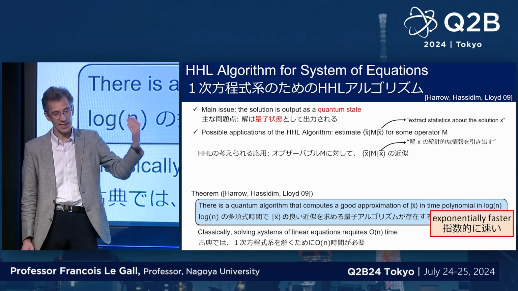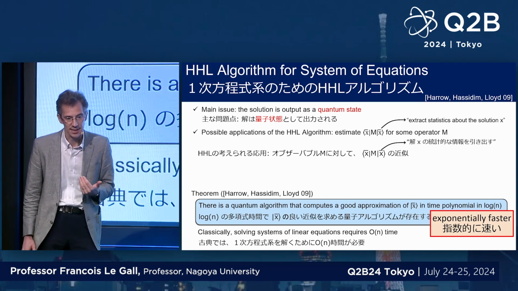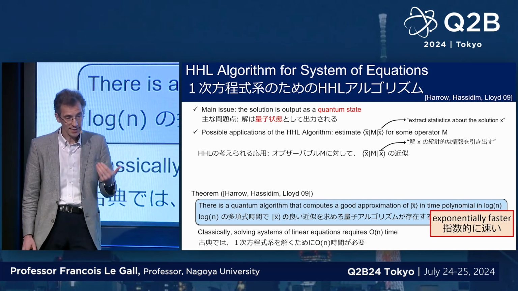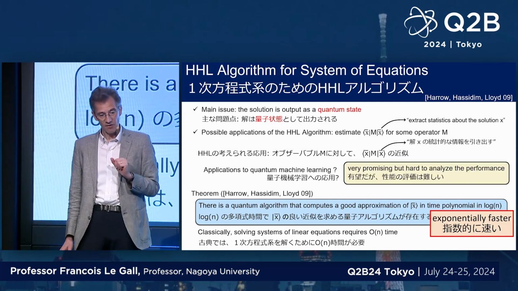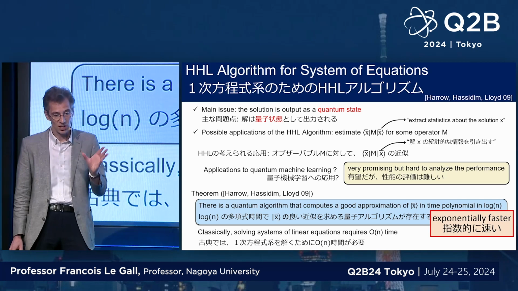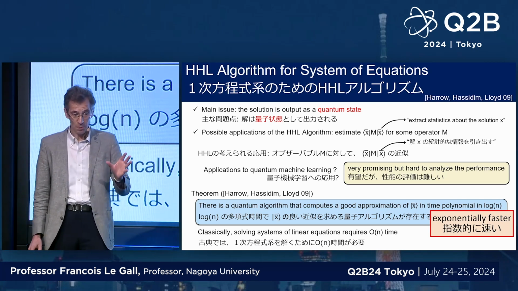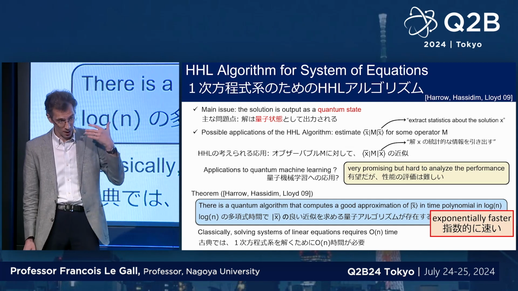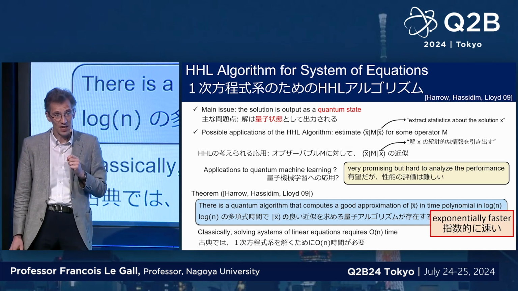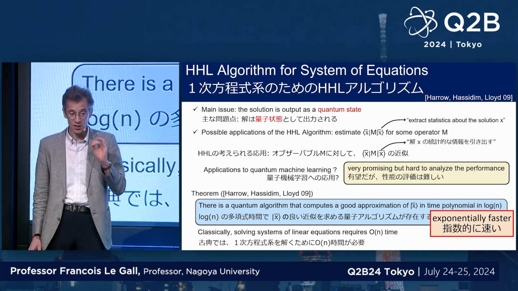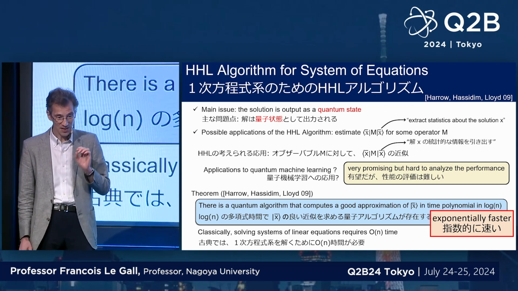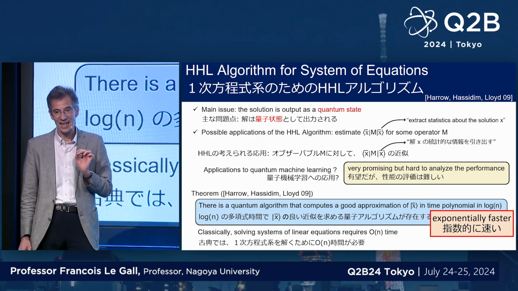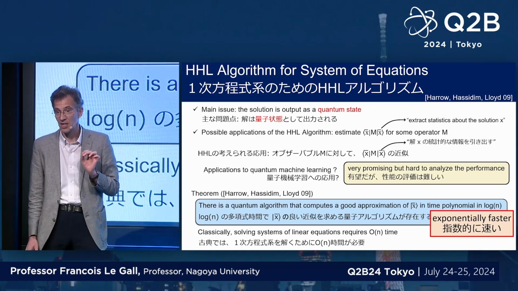For example, estimating some statistics about the solution. Concretely, such applications have been suggested for quantum machine learning. There are several papers using the HHL algorithm to obtain fast algorithms for machine learning. This is indeed a very promising field, but it's fairly difficult to analyze the performance of those quantum machine learning algorithms.